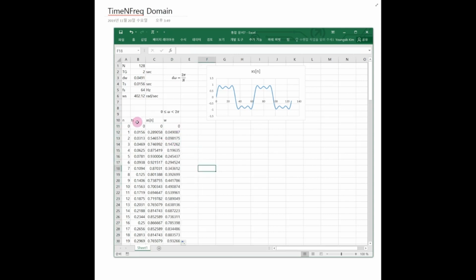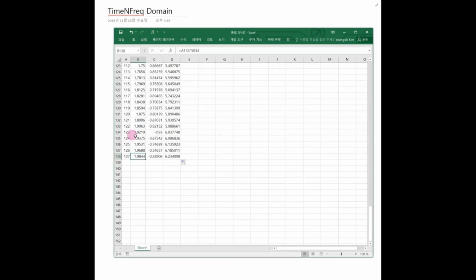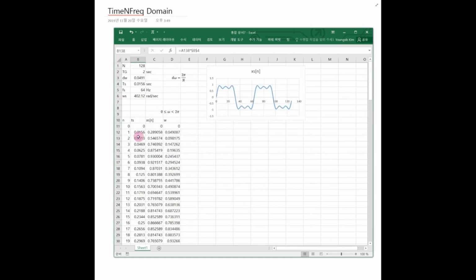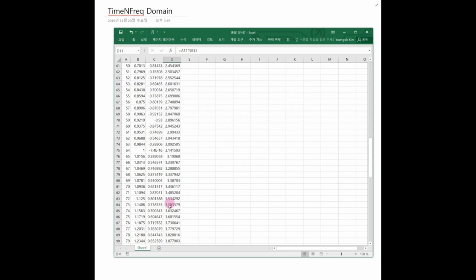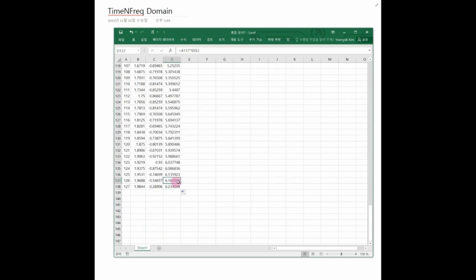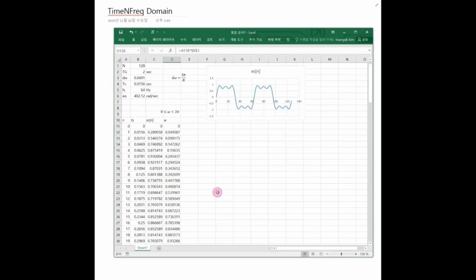In time sequence, we made a product, the index times the time step. But in the spectral domain, we make a product of index times the frequency step, like that. The end of the frequency step is 2 pi. Okay, this one. So we would like to plot the DFT of the signal.